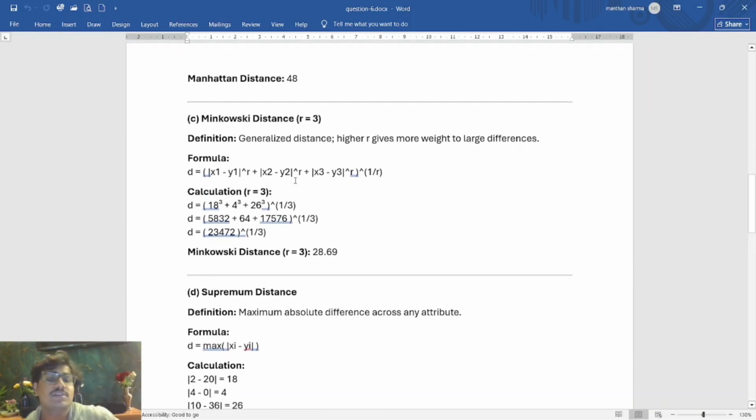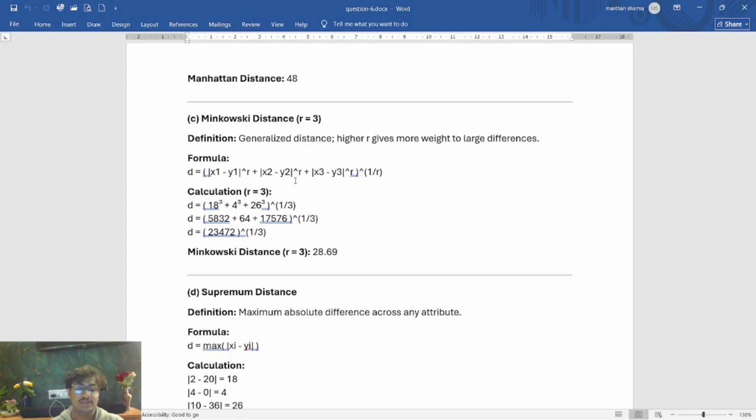And then the Minkowski distance, where r equals 3. This is a generalized form of distance measurement, where as r increases, the larger differences get more weight. The formula is (x1 minus y1) cubed plus (x2 minus y2) cubed plus (x3 minus y3) cubed, all to the power 1 by 3.